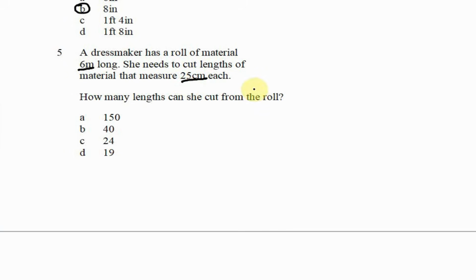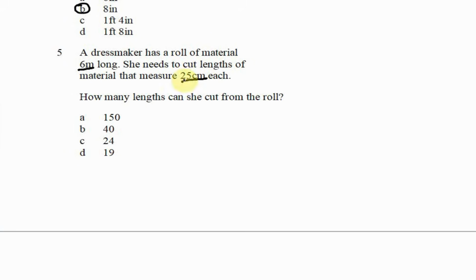Now a key thing that you guys should observe here is that the measurements are given in 2 different units. Here we have meters, here we're talking about centimeters. What is good for us to do is to ensure that both units are the same, then we can find out how much of one we can get from the other. We're going to convert the meters to centimeters.